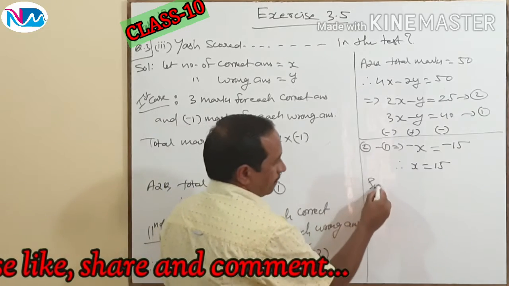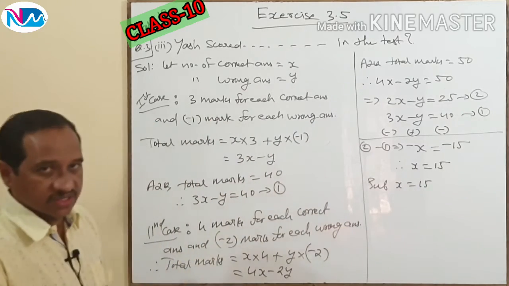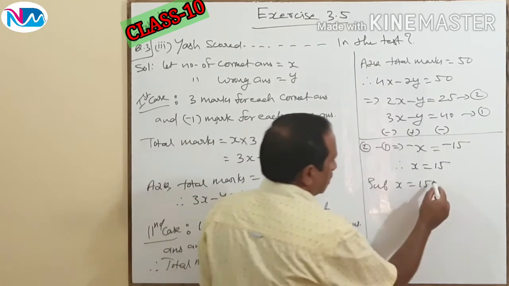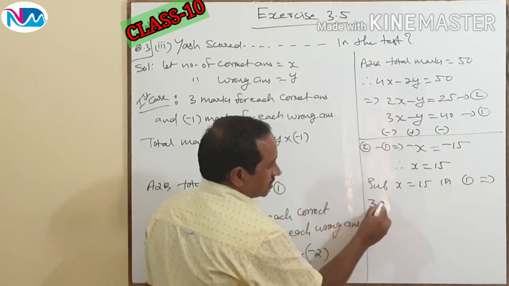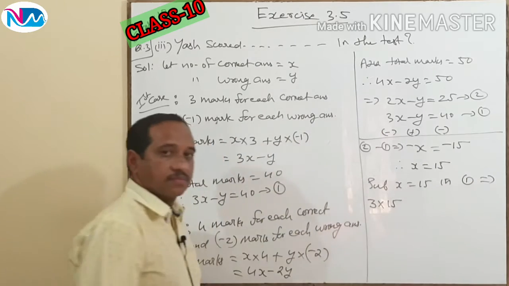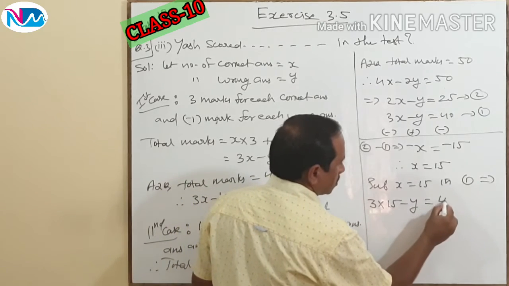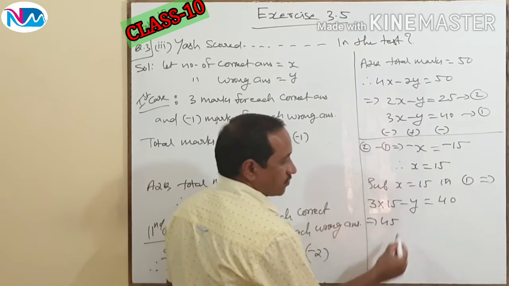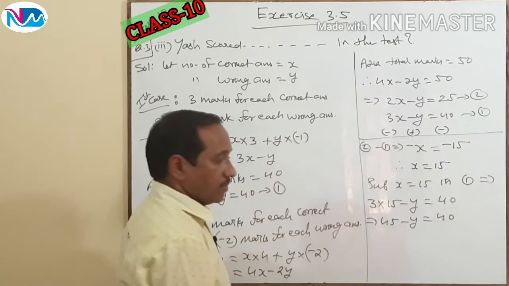Substituting x is equal to 15 in any one of the equations, I substitute in equation number 1. In equation number 1, 3x means 3 into 15, minus y is equal to 40. 3 into 15 is 45, minus y is equal to 40.